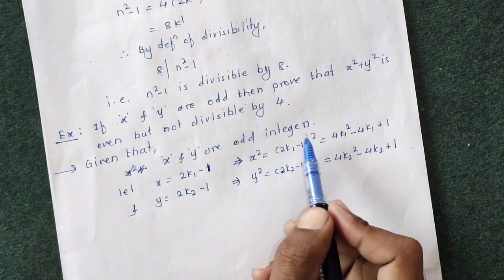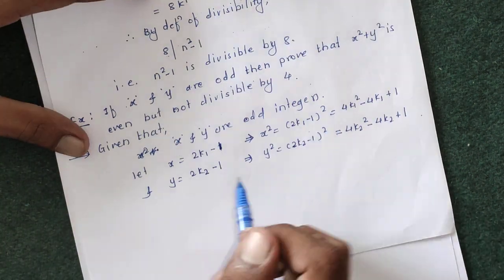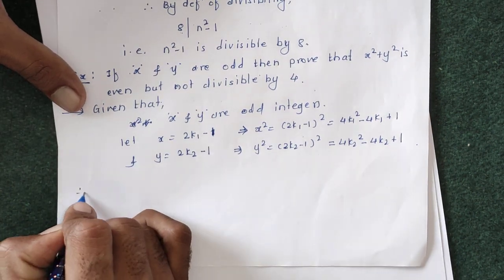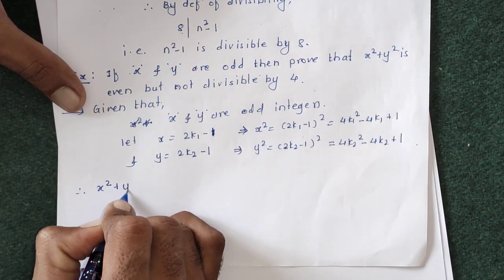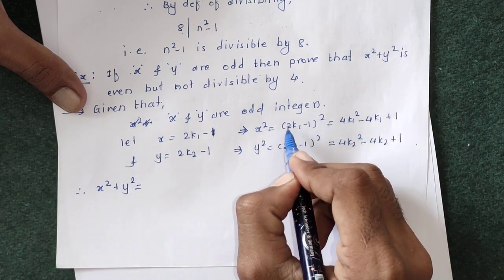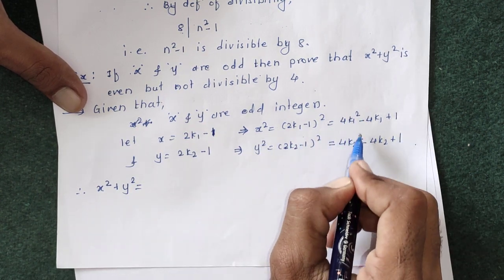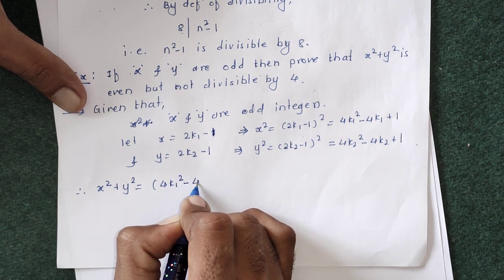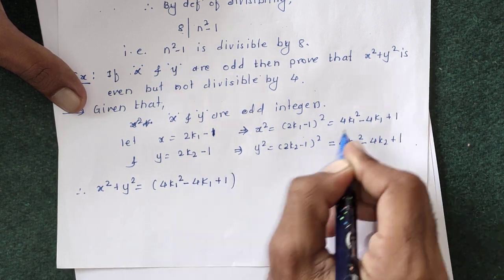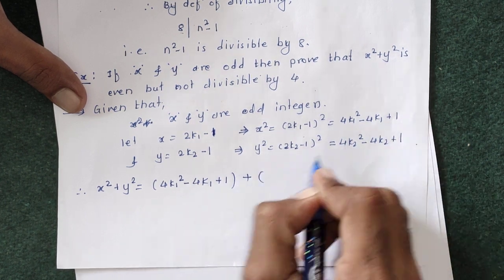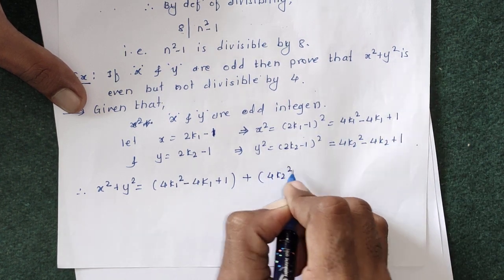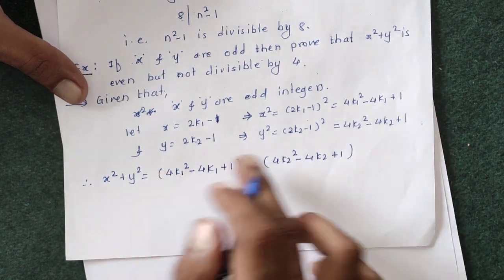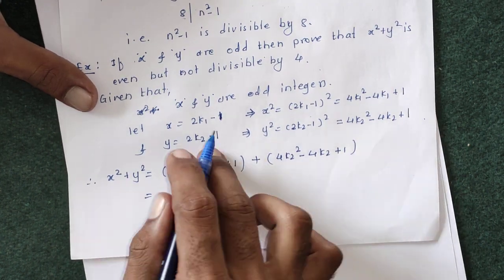So adding these two, x square plus y square is equal to 4k1 square minus 4k1 plus 1 plus 4k2 square minus 4k2 plus 1.